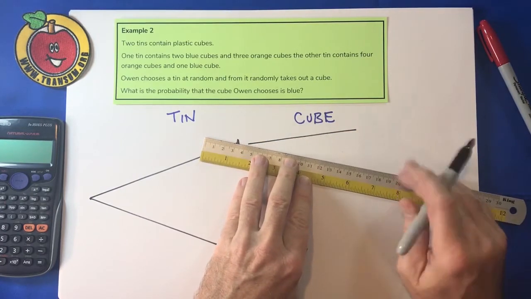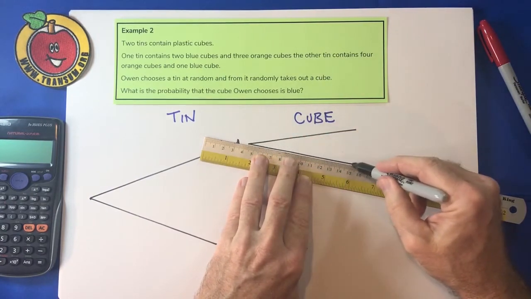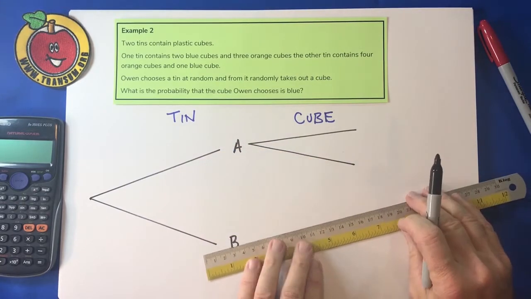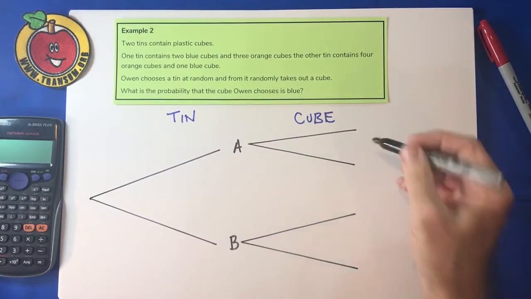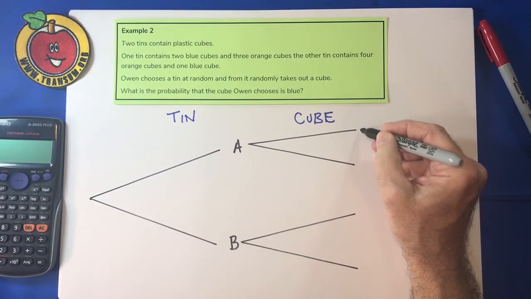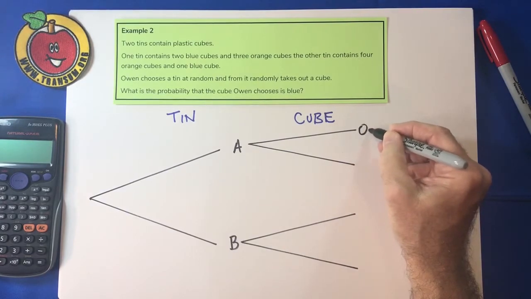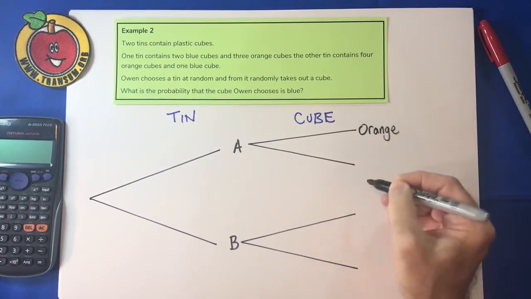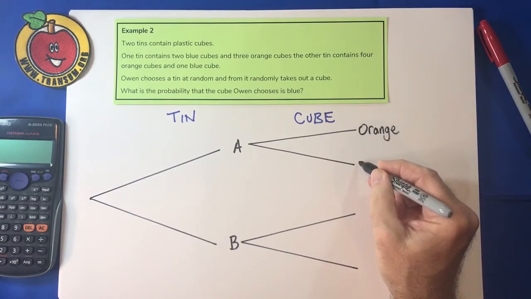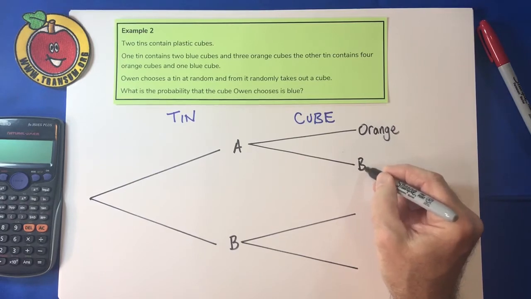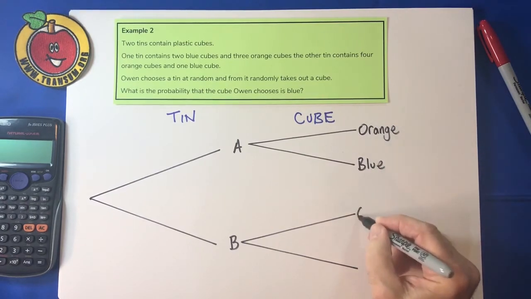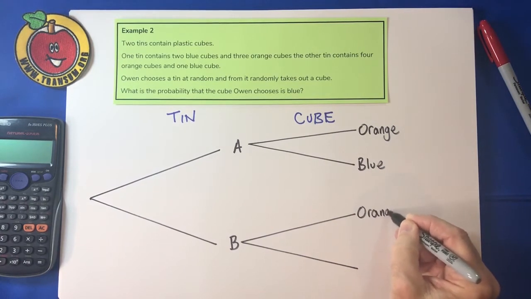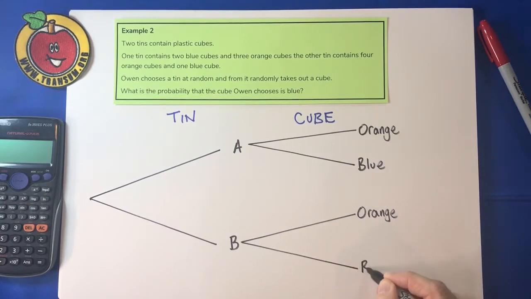So I'll draw the second set of branches over here. And then this will represent him choosing an orange cube, and this will represent him choosing a blue cube. Orange and blue.